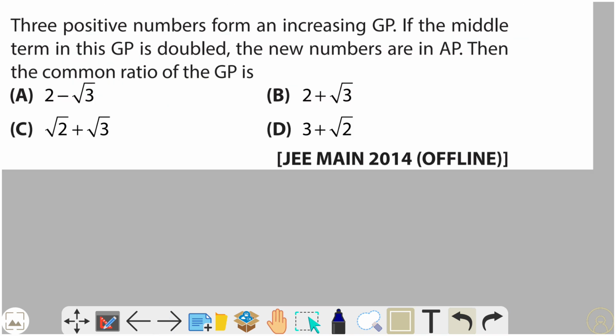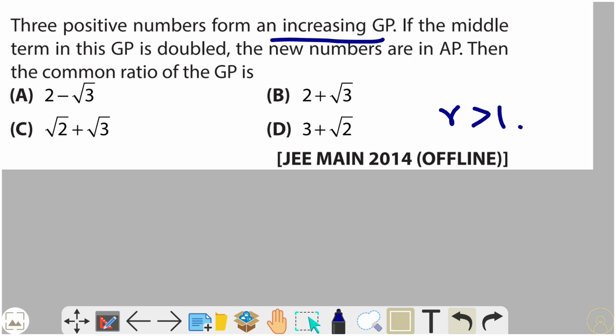Okay, next question. Three positive numbers form an increasing GP. Increasing GP means definitely R is greater than 1.